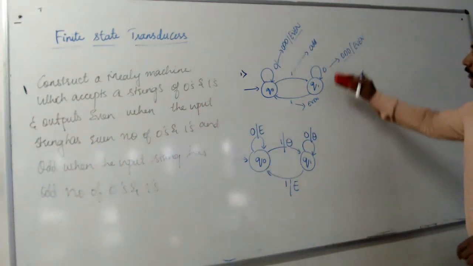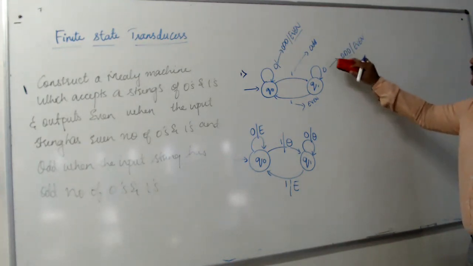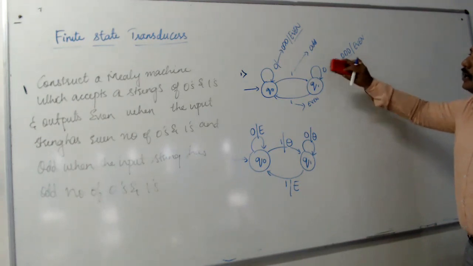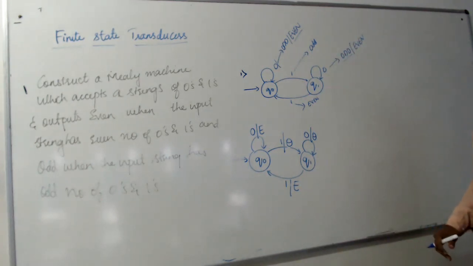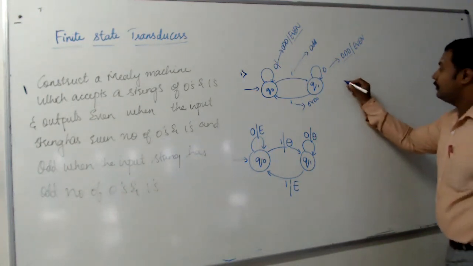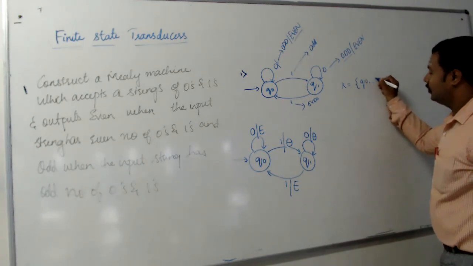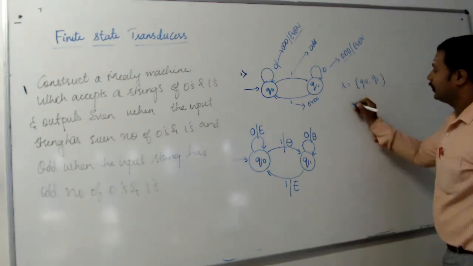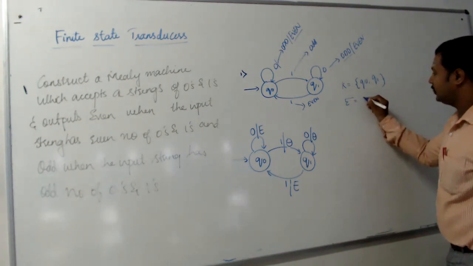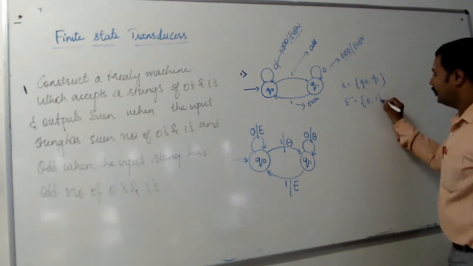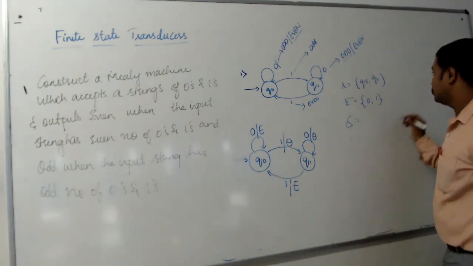So this is first write a DFA, analyze what happens, take two strings, then minimize your particular transducer to the perfect transducer. So when we write like this, first we define K, the finite number of states, Q0, Q1. Next is the alphabet set, which is 0 and 1. Next is the transition function. You need to draw a transition table here.